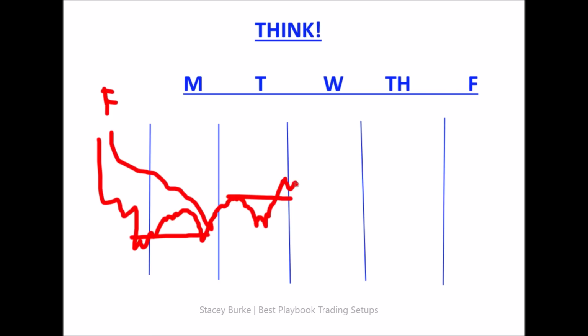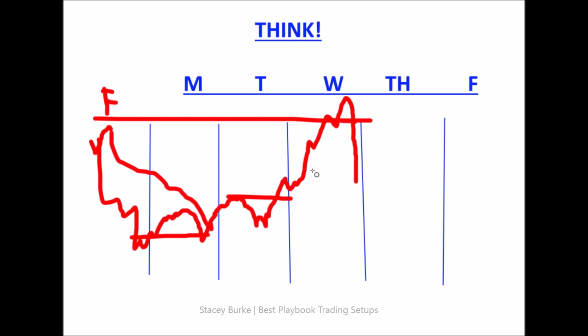And we could get a day 3 that ends up blowing off in the US session on major red news at the high of the week, maybe taking out the high of Friday, and not necessarily closing as a first red day, but almost like a first red day.